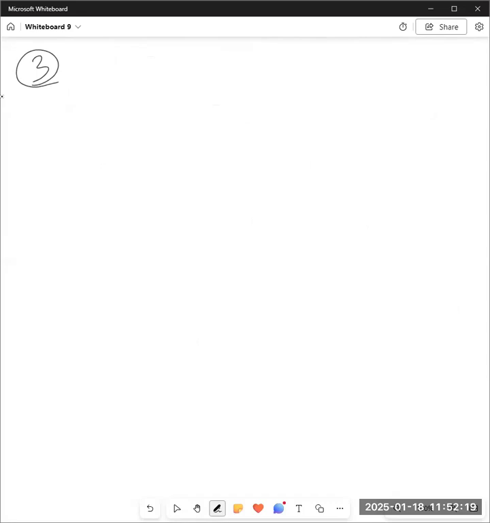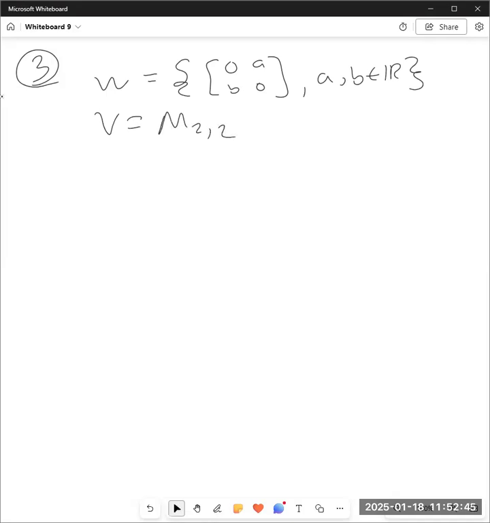We're told W is the set of all 2x2 matrices in the form of 0, A, B, 0, where A and B are real numbers, and the known vector space that we're testing to see if this is a subspace of is M22.